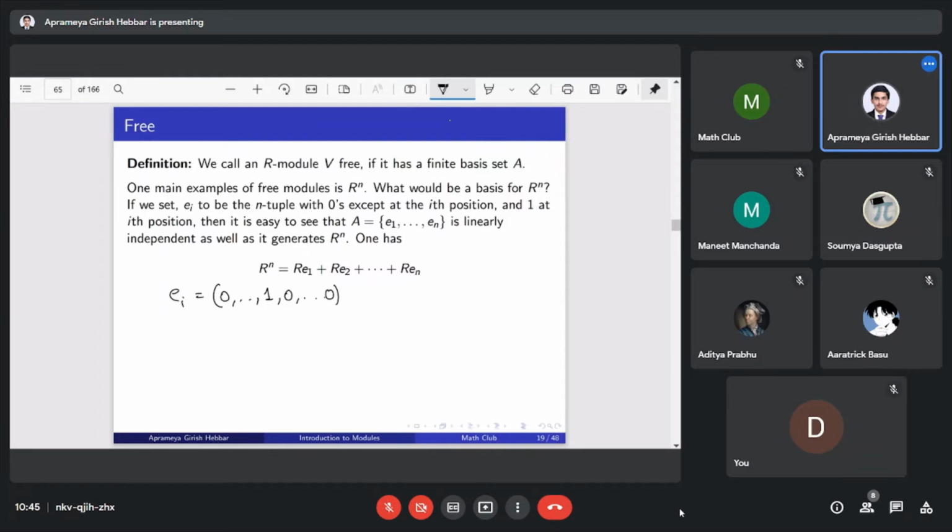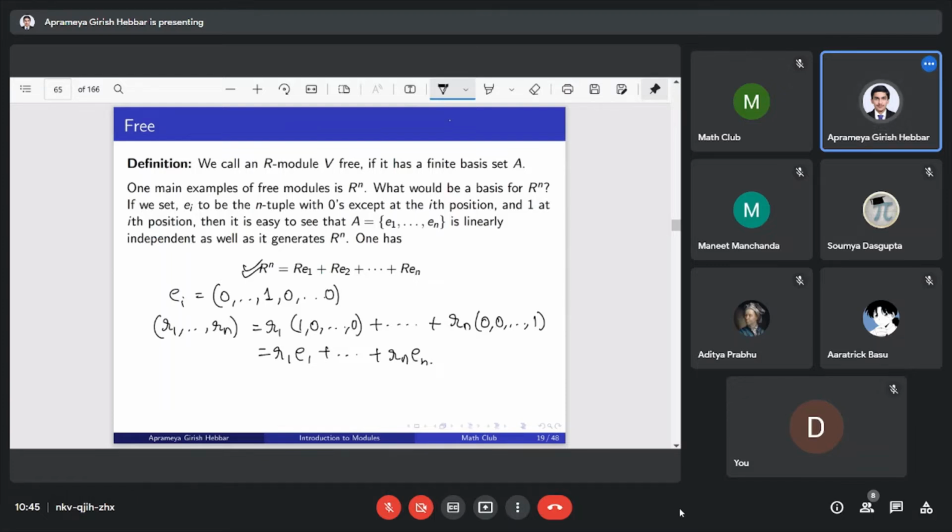Any element in R^n, let's say r1 up to rn, can be written as r1 times (1, 0, 0, ...) and so on up to rn times (0, 0, ..., 1), so basically r1 e1 plus up to rn en. Any element of R^n is just a finite linear combination of e1 up to en.